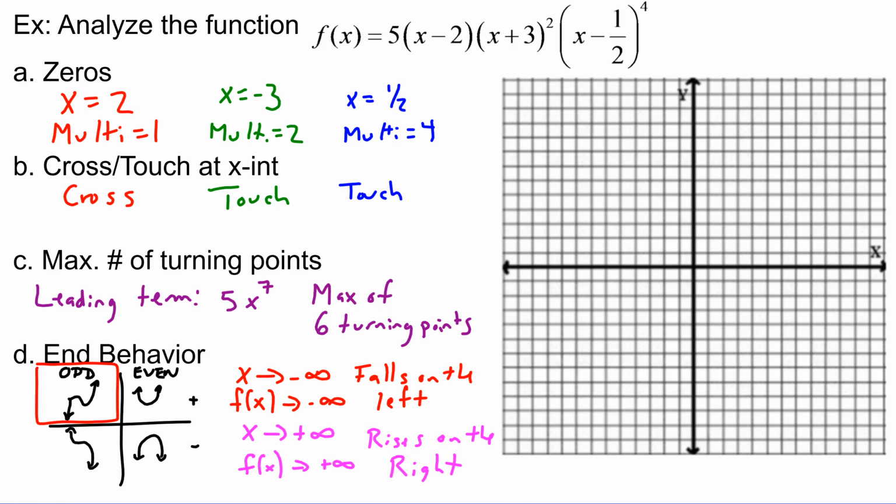Okay, so let's pull all of that together. We found all the key aspects of behavior for that example. So let's go ahead and graph it. What we can see is by looking at those 4 aspects of behavior, we can actually generate a very good graph of this polynomial function. So we found our zeros. We had a 0 when x was 2, -3, and 1/2.